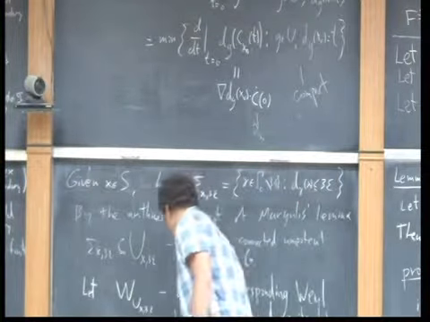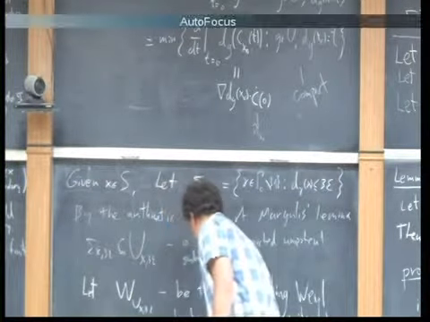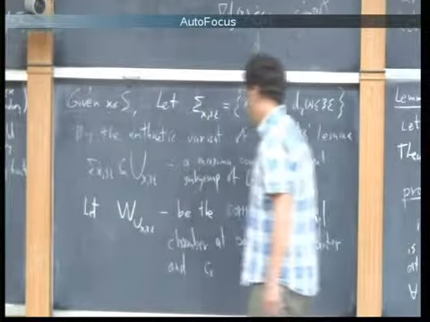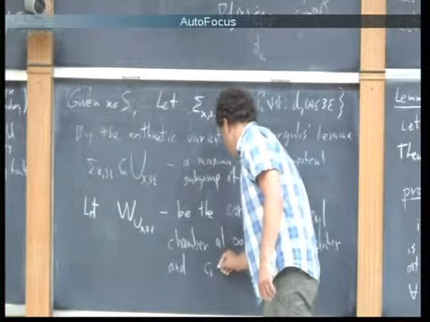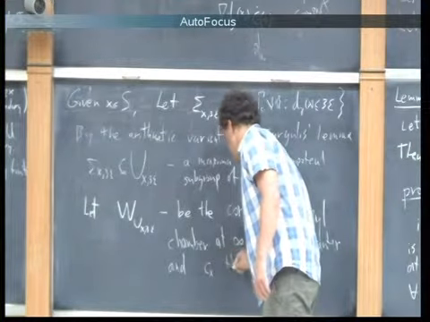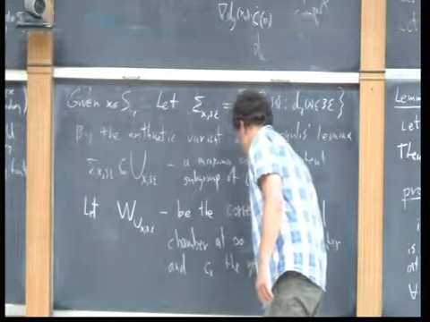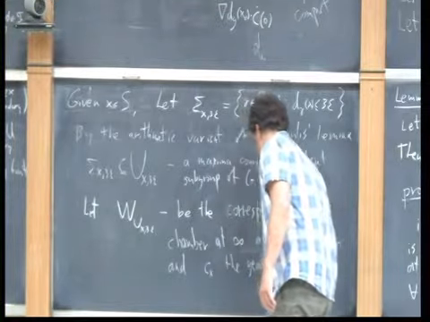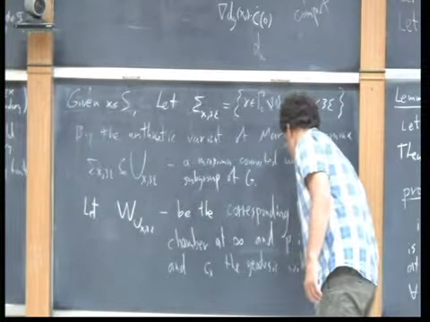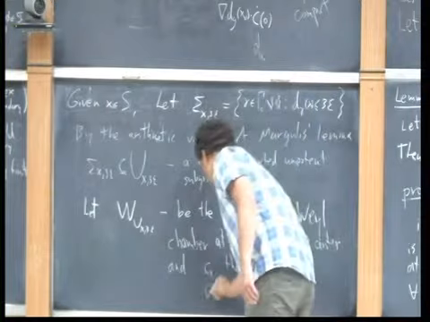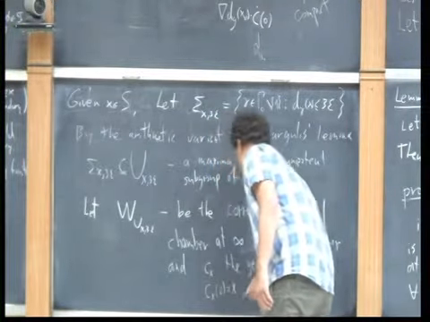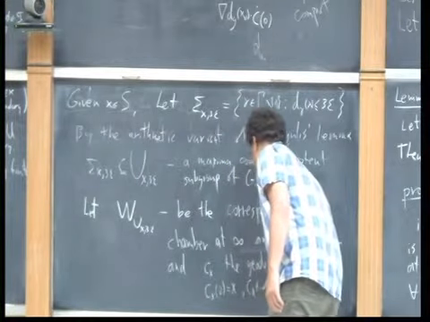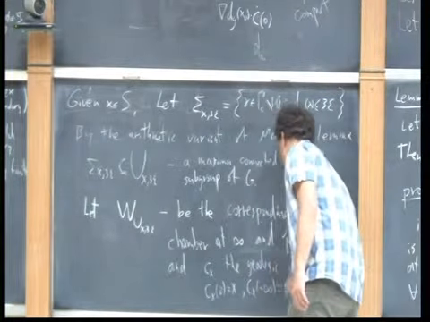And let C x be the geodesic with C x at 0 equals x and C x at minus infinity equals p.